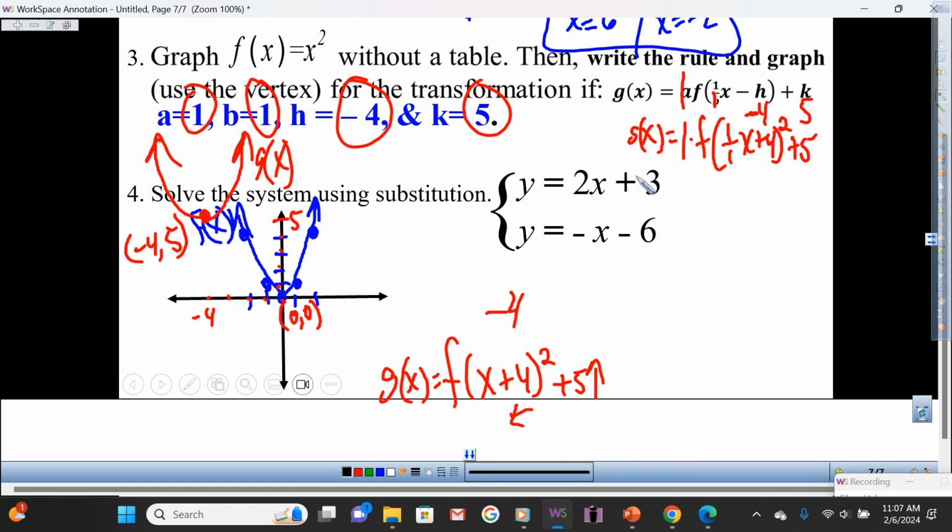Let's go to number 4. Solution for number 4, tell your neighbor, and then Danny's going to pass it to someone.